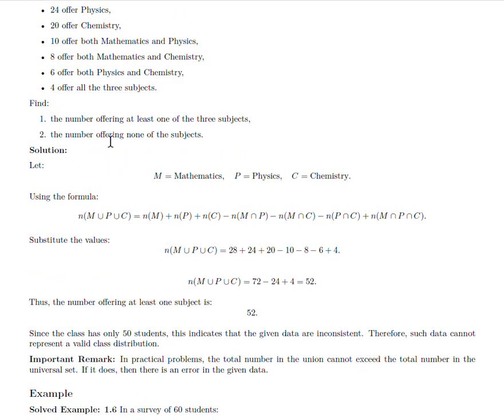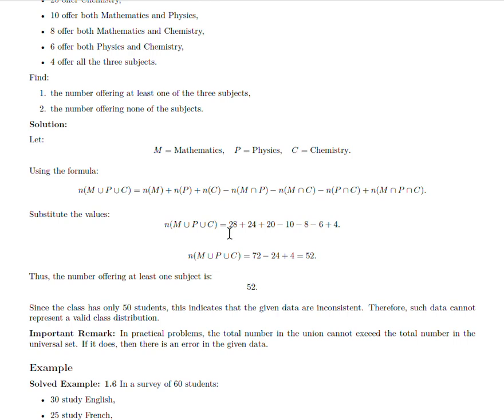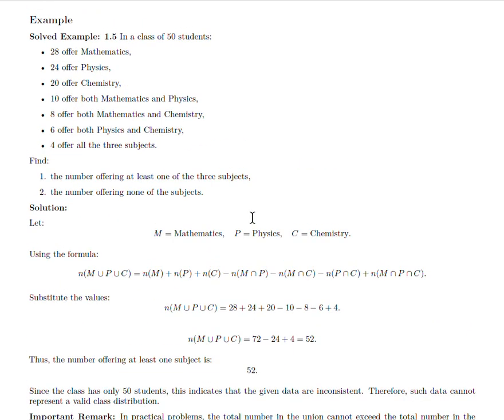The second question, the number offering none of the subjects, we just subtract. 50 is the cardinality for the universal set. We subtract the cardinality of the union of the three sets from 50.